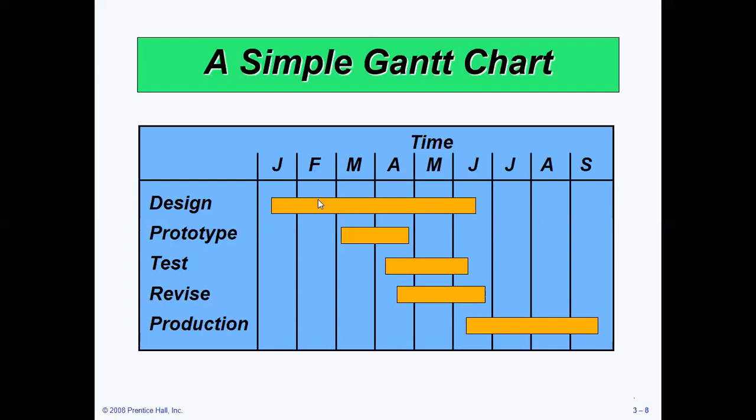So this graph shows us the progress of design, and it tells us that the design needs to be completed in 6 months. Similar is the case for the prototype, test, revise, and production steps.